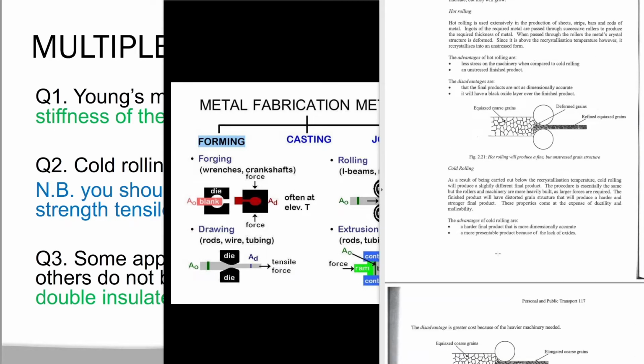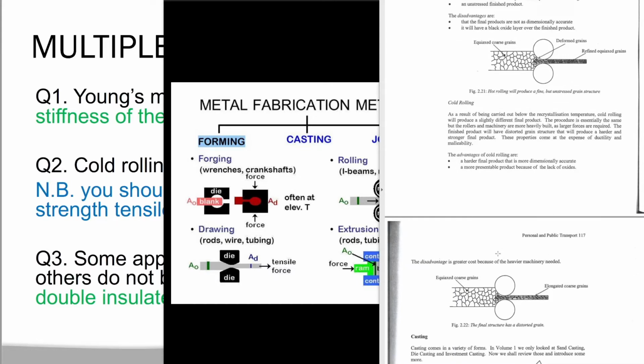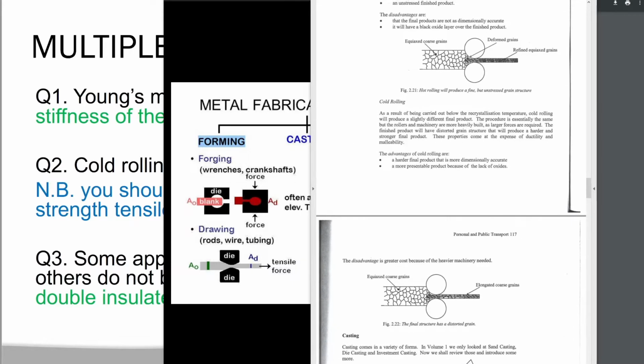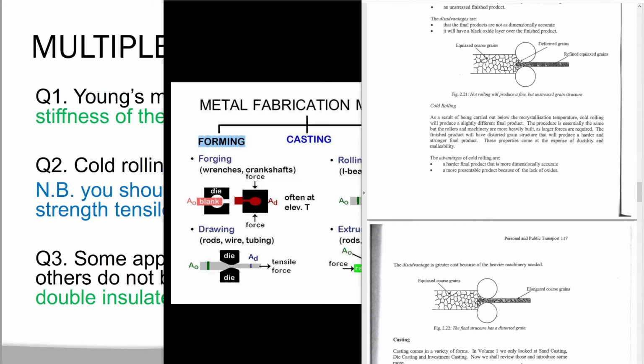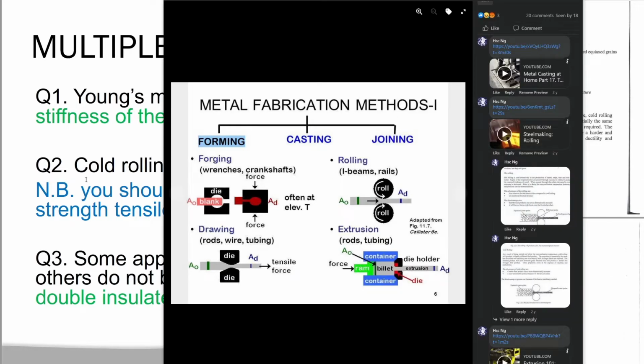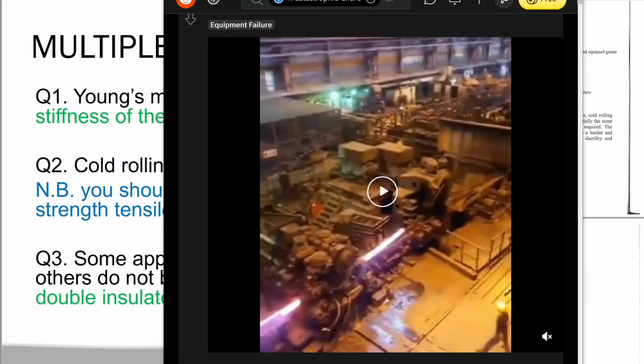I don't go into it in that much detail in Year 11 because it's not relevant yet. Looks like it was okay. Sorry about that. But cold rolling, we have still talked a little bit about work hardening.